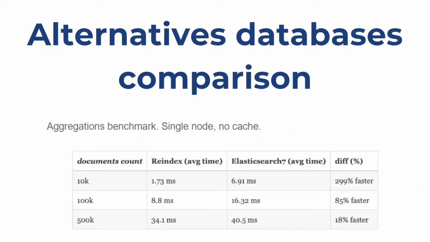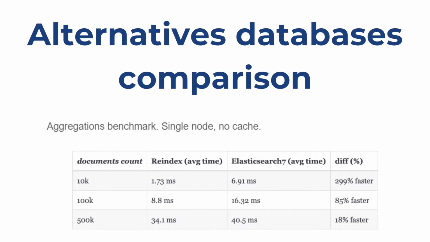So about aggregation testing, in the Reindex repo there are a lot of performance tests, but we didn't find some aggregation test benchmarks. So we decided to run some tests against the Elasticsearch database, and you can see results about this.